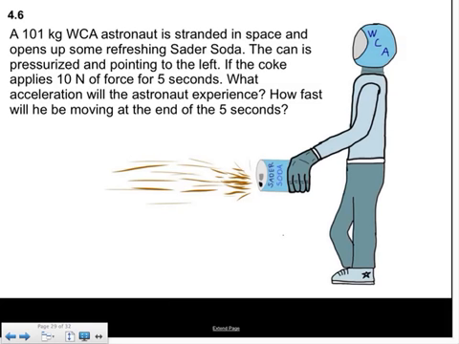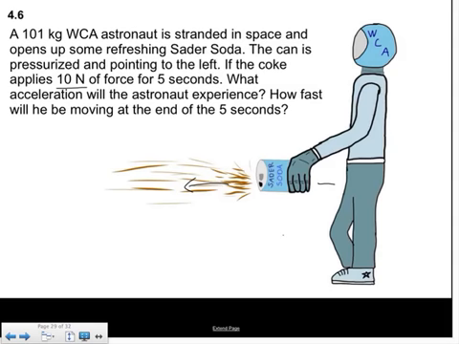We have a 101 kilogram astronaut floating in space. Think about it. What forces are acting on him before anything happens? Zero, no forces. He is in equilibrium with uniform motion. But when the Coke can is opened, 10 newtons of force is applied to the Coke this way.